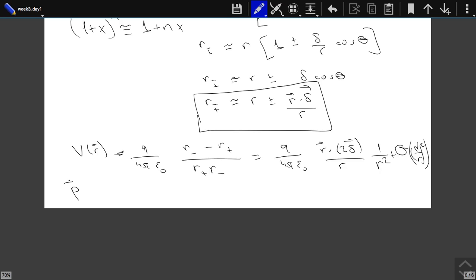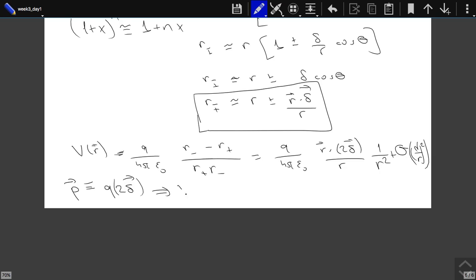Now, we usually define what we will call a dipole moment as q, the charge, times the vector separating these two charges, which is twice the delta. This is that definition.